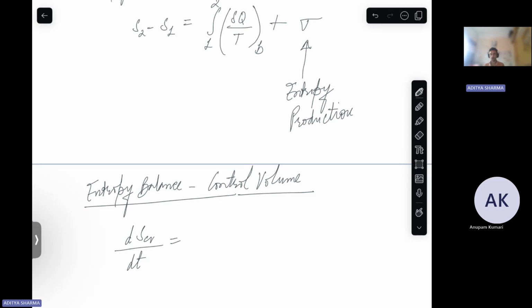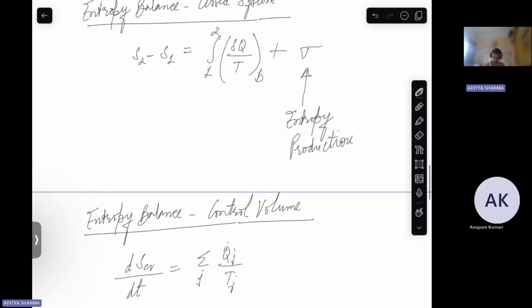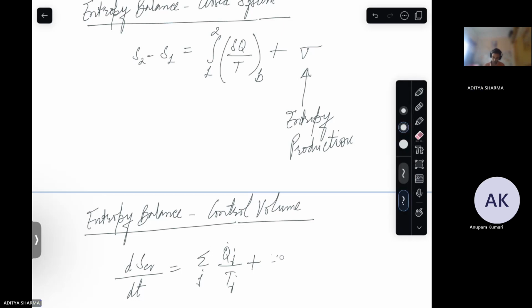Okay, the change in entropy in the control volume with respect to time. Okay, so this is this way. So this term is like in the previous case, for your heat exchange across your boundaries. Okay, so we will write this first.